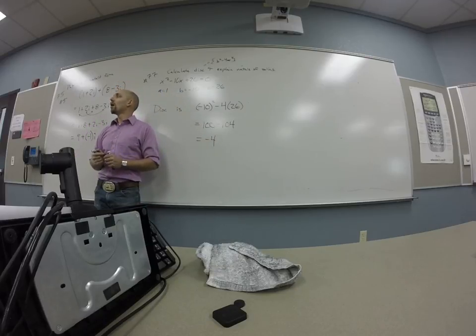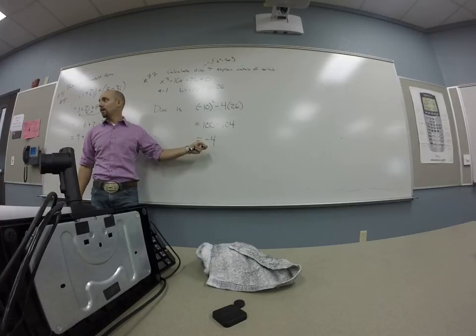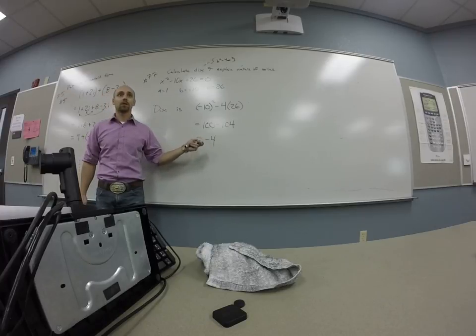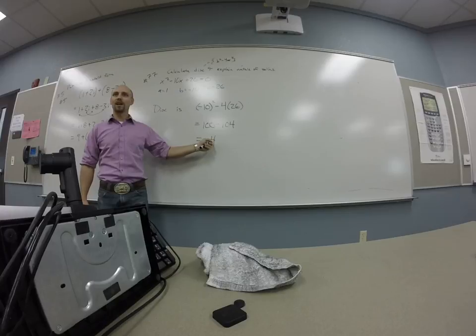Now what I need to think is, what am I doing with this in the quadratic formula? This is the thing under the square root bar, right? So if this is negative, I get complex numbers. You guys see that? If I take the square root of negative 4, I get 2i, right? Complex numbers.